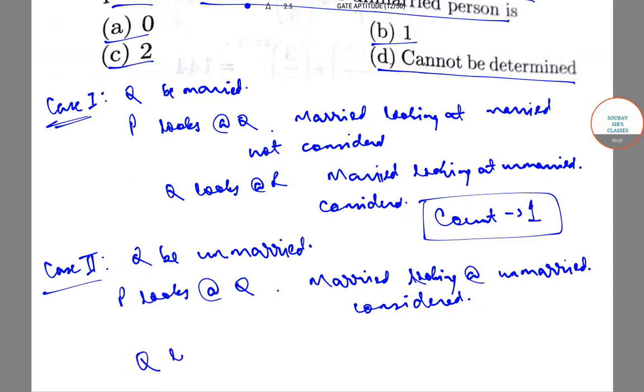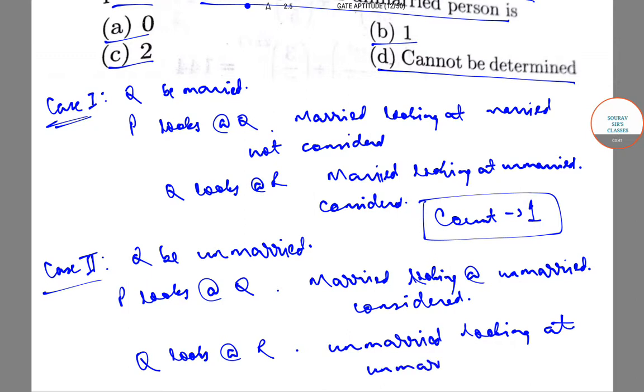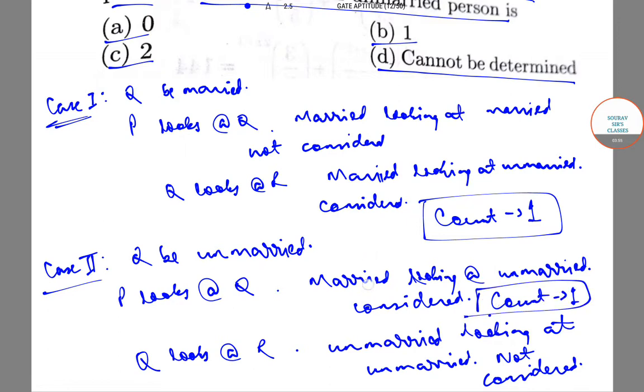And Q looks at R. This is unmarried, looking at unmarried. This is again not considered. So the count in this case is also 1.